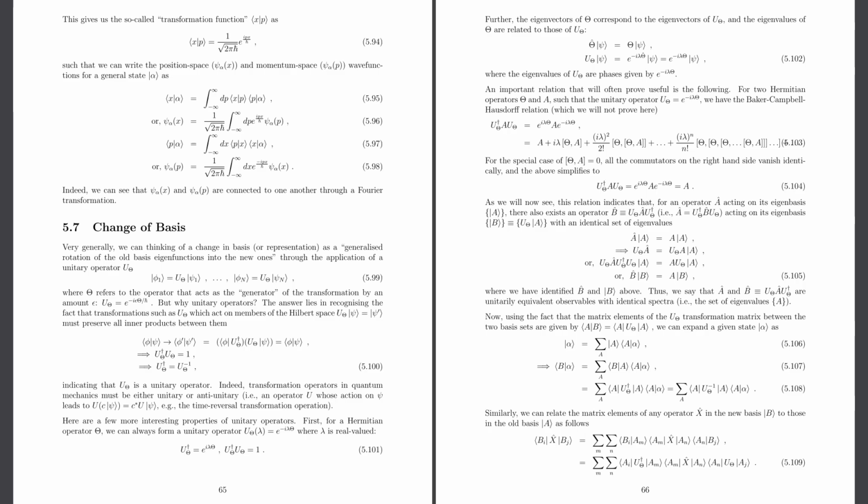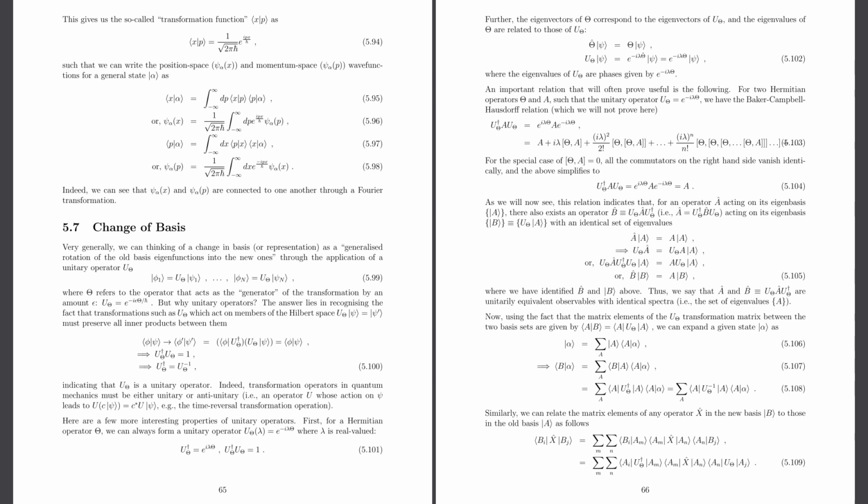Now, using this rule that all the new guys are related to the old guys through the action of these unitary operators, you can show that this psi prime can be written as U theta acting on psi, and phi prime is not U acting on phi bra. It must be U dagger because it's acting on the bra space. So this U dagger appears.